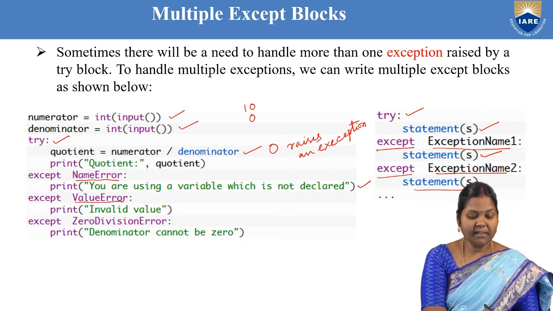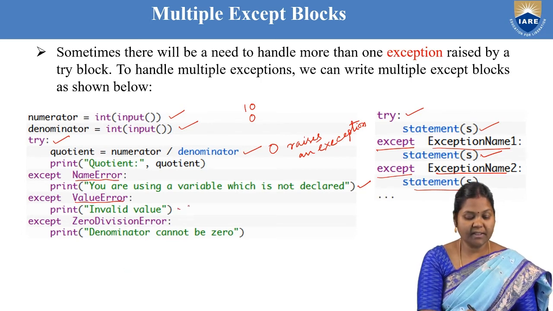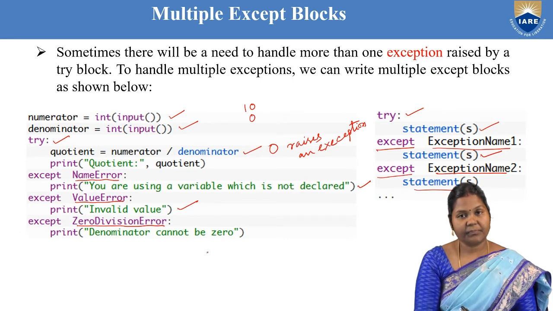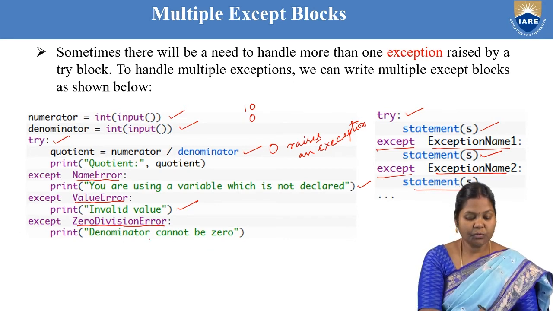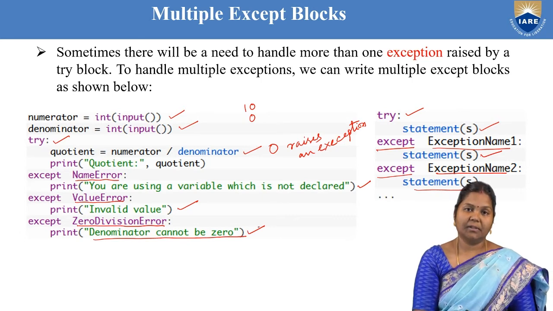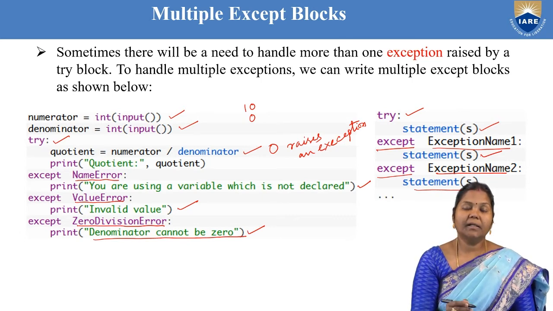For example, is it a value error? No. So, this statement will not be executed. Now, is this a zero division error? Yes, this is a zero division error. So, the denominator cannot be 0. Only this statement will be executed. So, here you can write multiple except statements, and whichever is true, only that particular handler will be executed. This is called multiple except blocks in a single program.